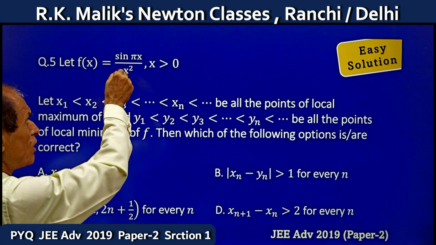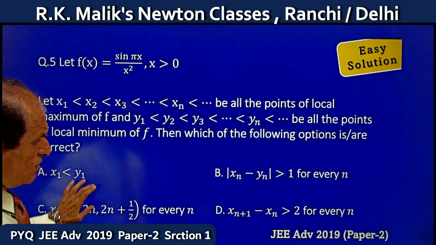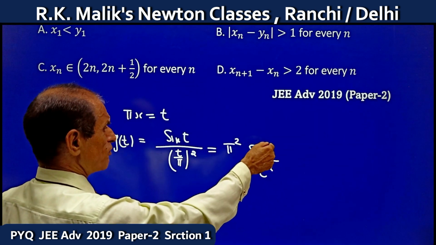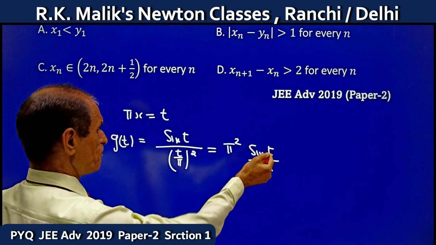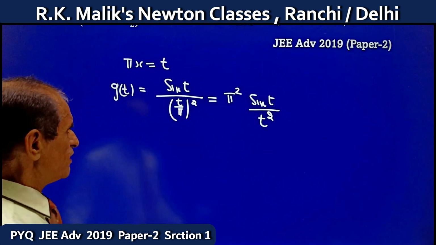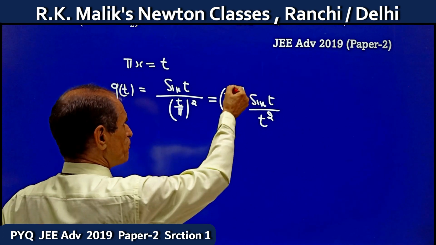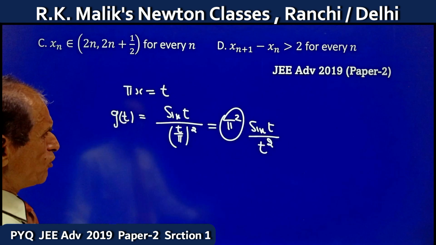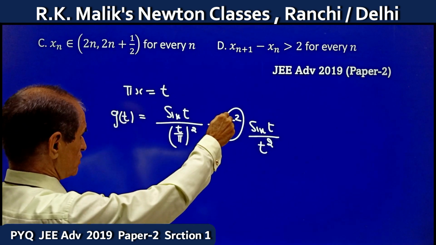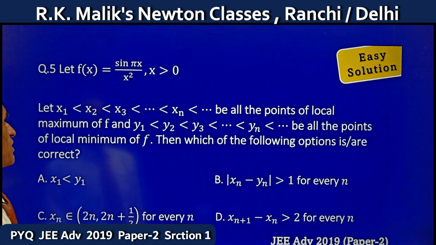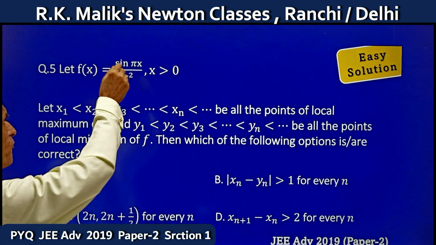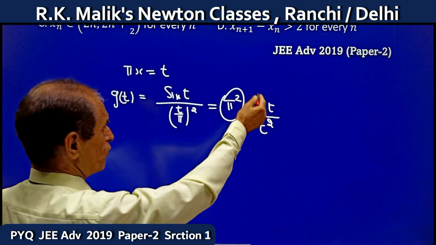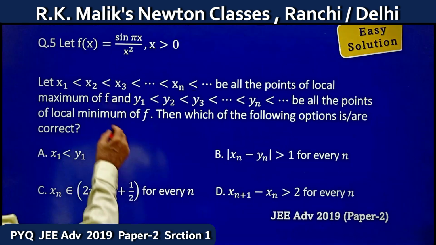If the original function has local maxima at x1, then this will have local maxima when t is pi x1, and multiplying by a positive constant doesn't make any difference. Because pi square is a positive constant, dealing with the points of local maxima and local minima for this function and for that function will be similar.